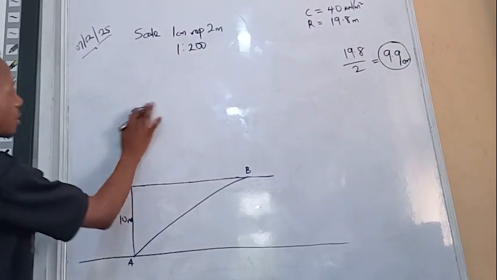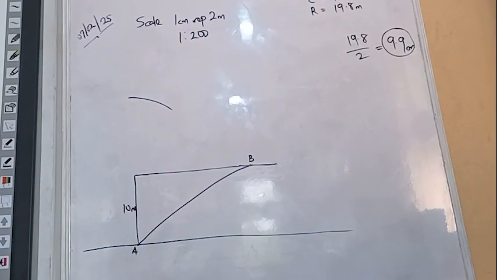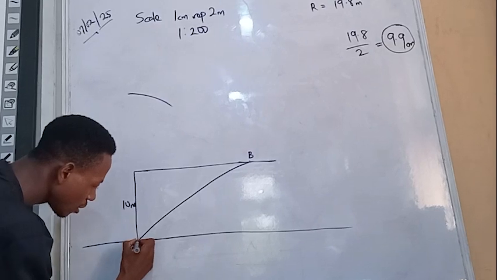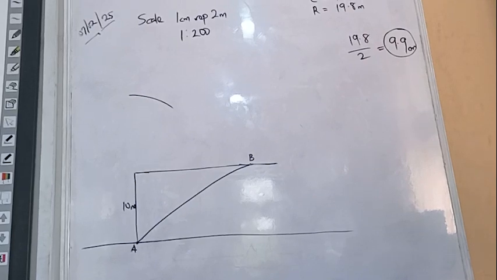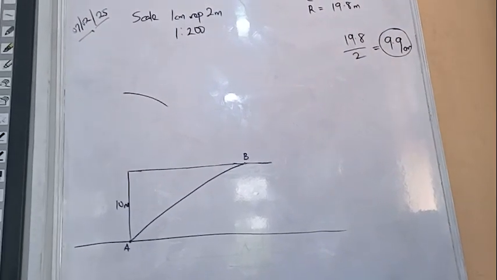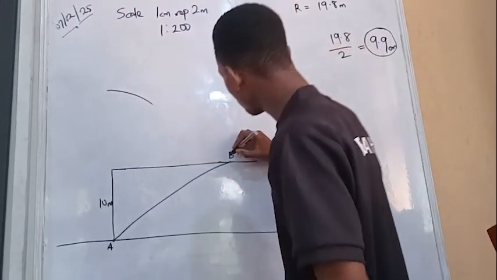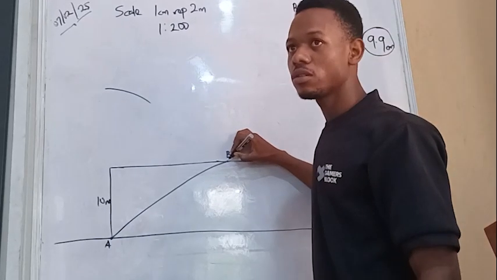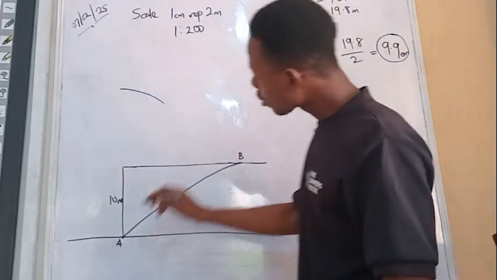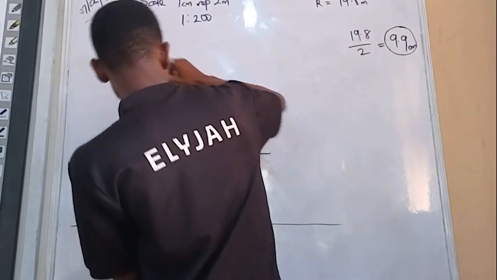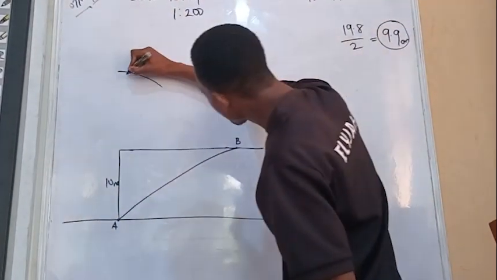Yes, on point A, just draw an arc with your compass. Can we continue? Yes. Okay. You also do the same for point B. You stand on point A, extend your compass, just make an arc. Stand on point B with the same 9.9, same radius. Make another arc.